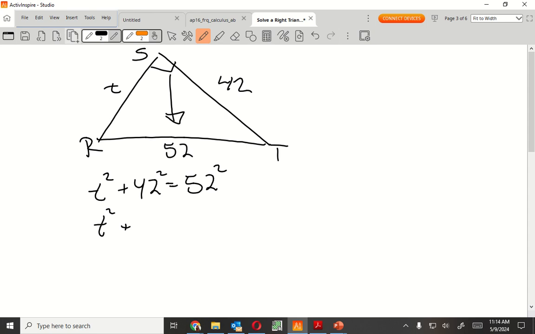I'm working on trying to memorize these. 1764. Equal to 52 squared, 2704? Yeah. Okay. And then to get my t squared by itself, I'm going to subtract 1764 from both sides.